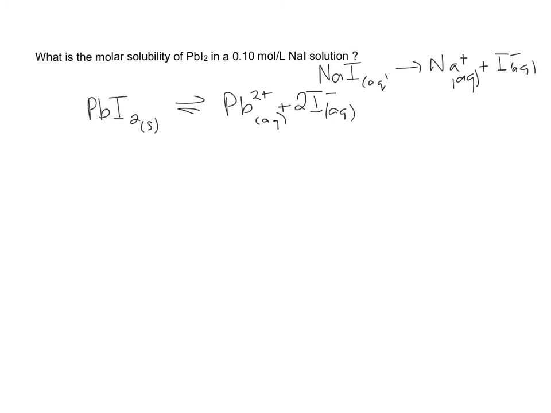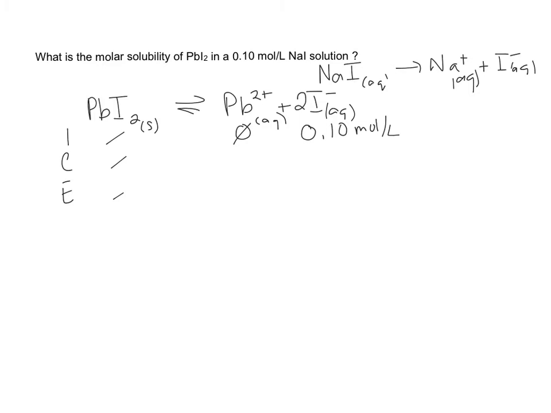And now what we're going to do is we're going to figure out, we need an ice table. We're going to figure out what the difference is between the solubility with a common ion or pure water. So we're going to compare those two. So there's no lead added, so initially it's 0, but we have 0.1 mole per liter of iodide.